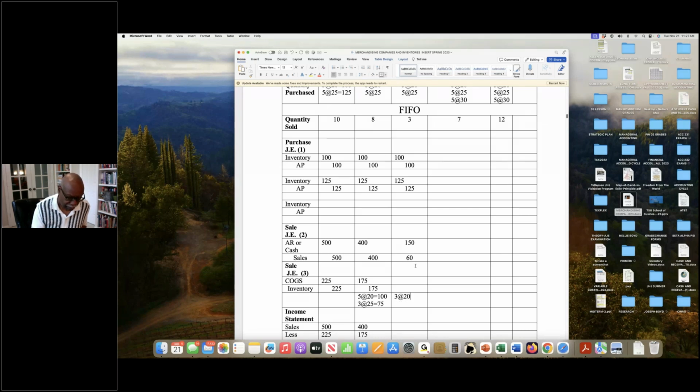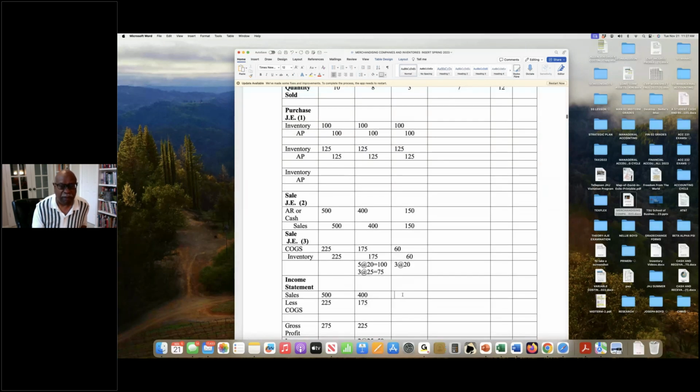So 60. And of course, this should have been 150. Kind of jumping down here. So now when we do our income statement, we have the 150 for the sales, the cost of goods sold is 60. So the gross profit is 90.